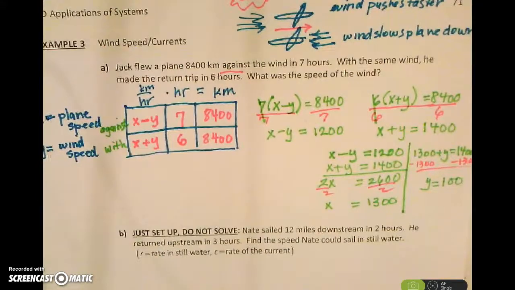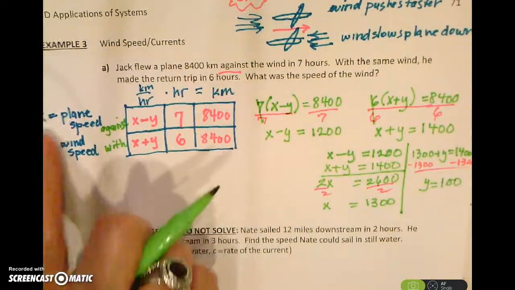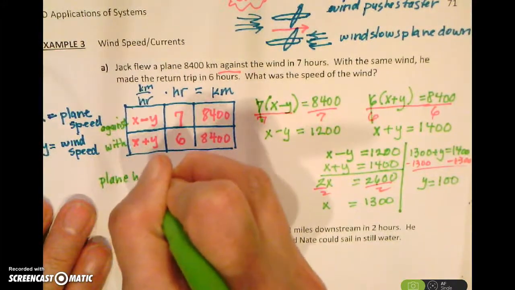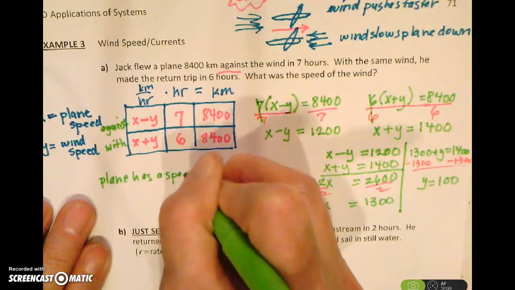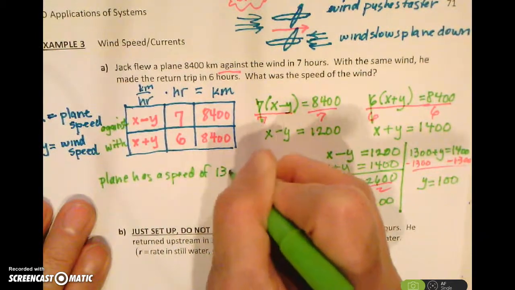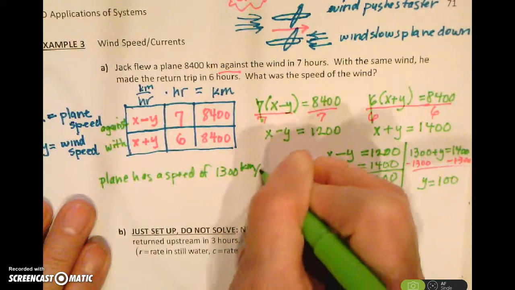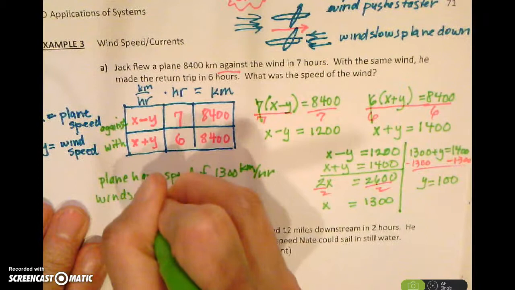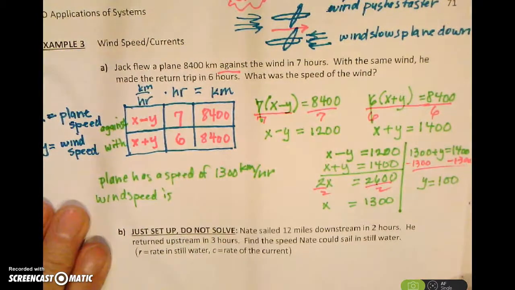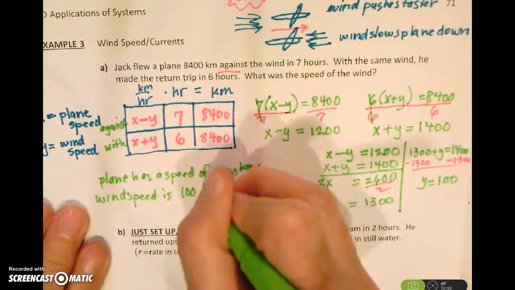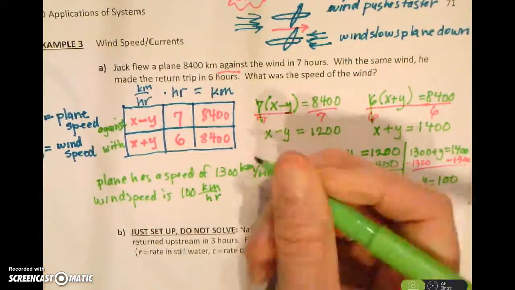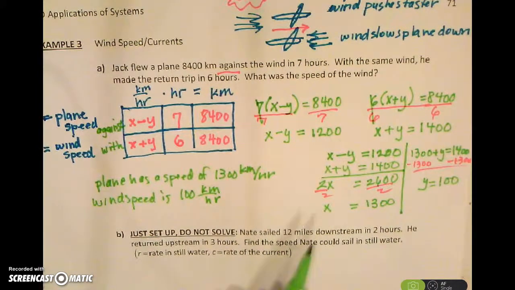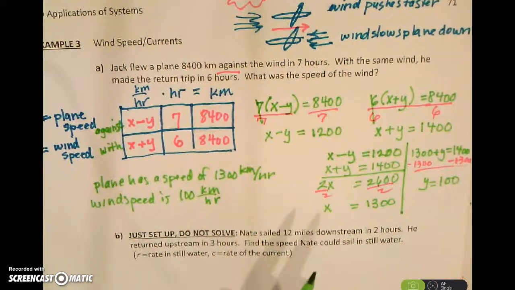Remembering what my x and y stand for, x is the plane speed, so the plane has a speed of 1,300 kilometers per hour, and the wind speed is 100 kilometers per hour. Now give a try to this next one. It's a little bit different because it's upstream and downstream, but the same concept works.